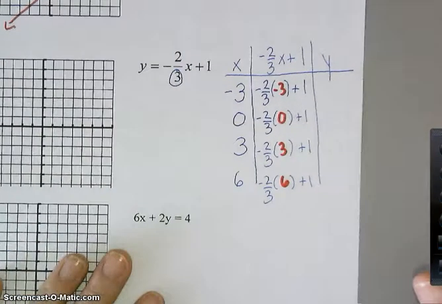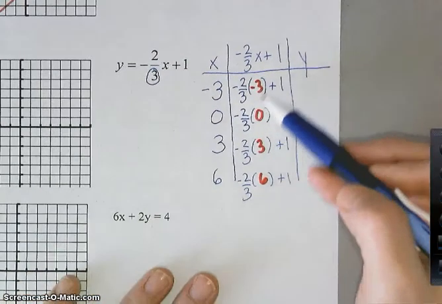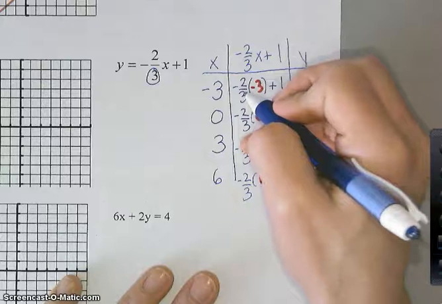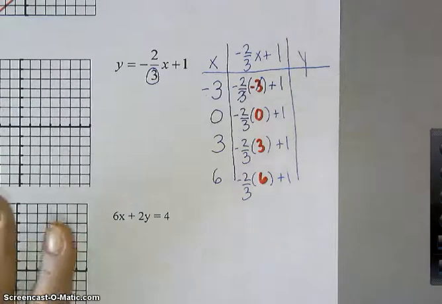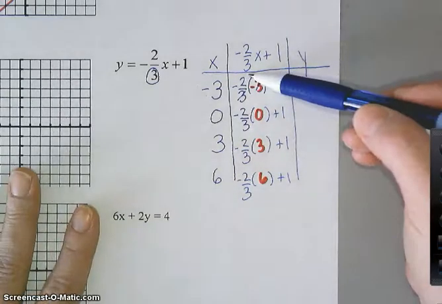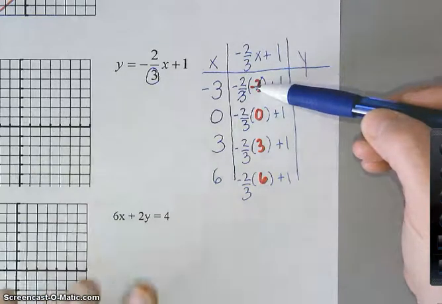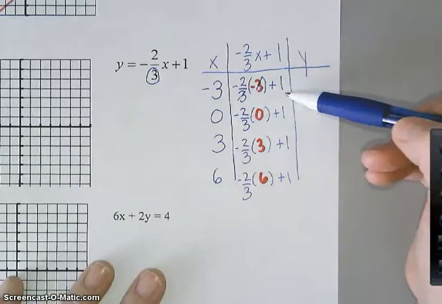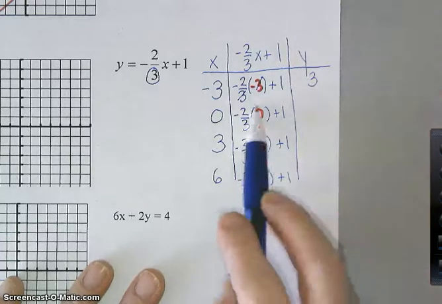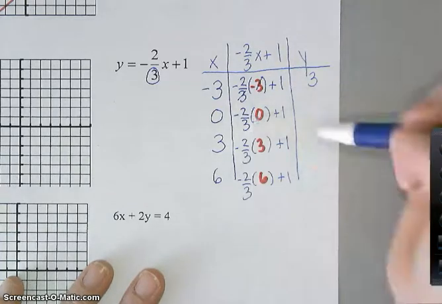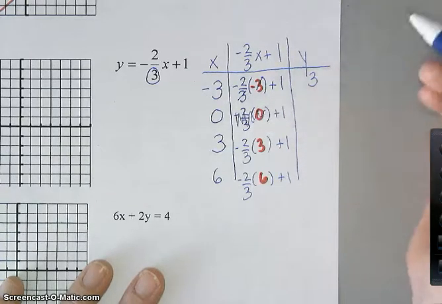So now I need to simplify these. Well, if I'm multiplying 2/3 by negative 3, I can simply cross-cancel my 3 and my 3, because that's a factor of 1. So then I have negative 2 and negative 1, which gives me a positive 2, plus 1 gives me 3. Here, anything times 0 is 0, so that whole thing goes away, and I'm just left with 1.